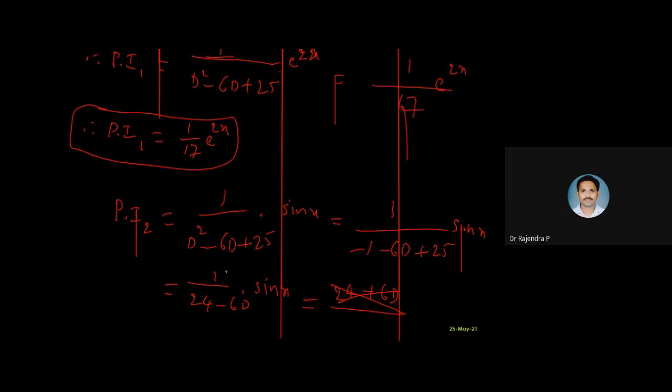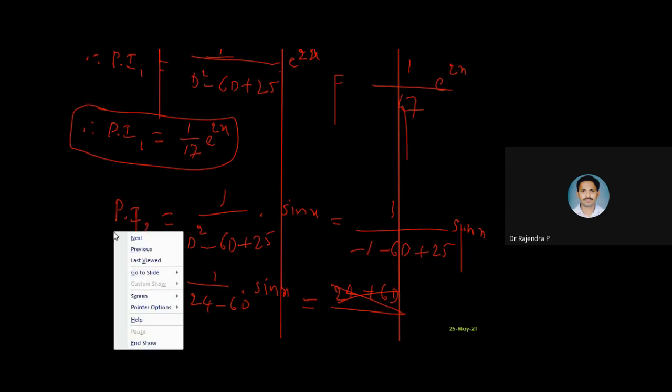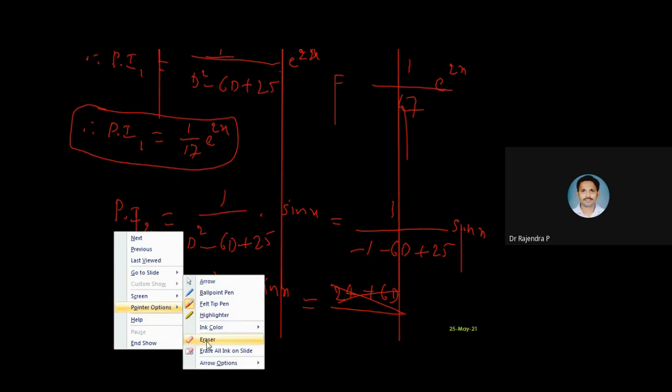So if I take 6 common, we get 1 by 6 into 4 minus D into sin x.